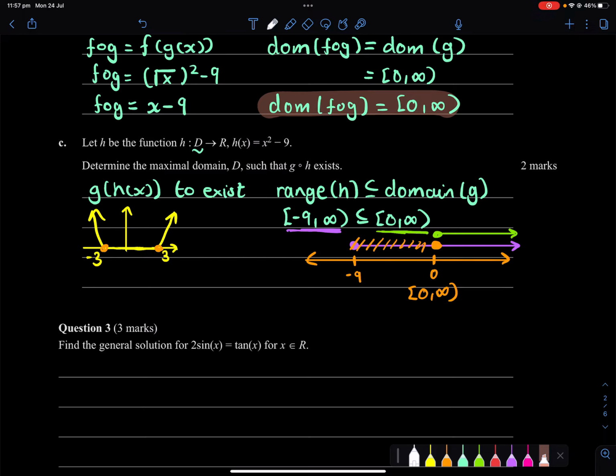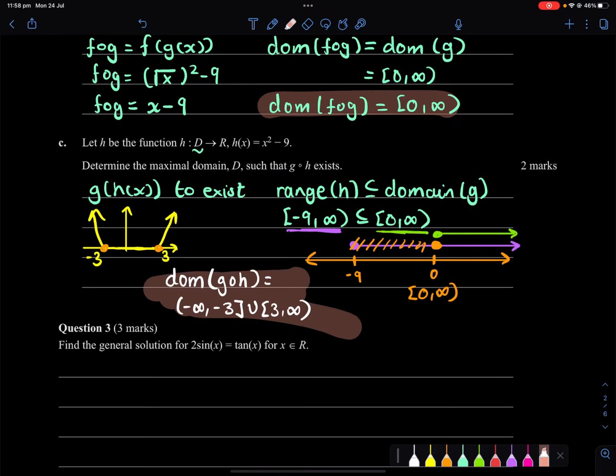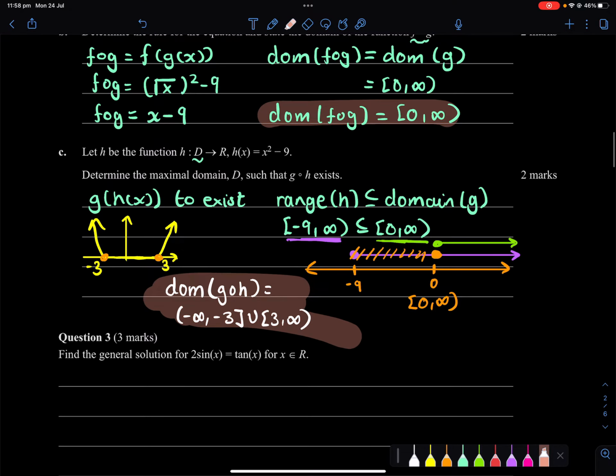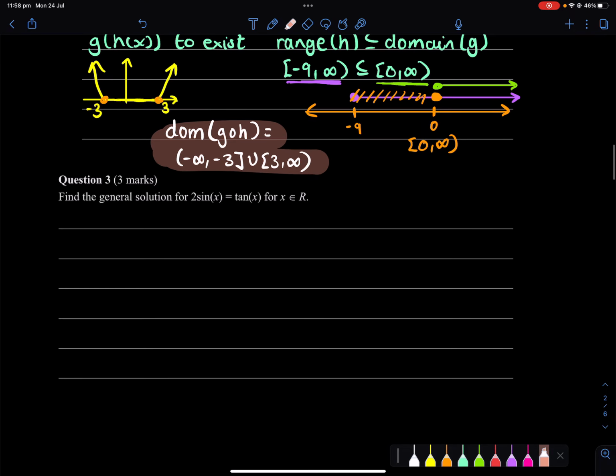The domain of g of h is actually -infinity to -3 inclusive, union 3 to infinity. That'll be your answer, and I hope that's right. Perfect. Now let's get to question 3.